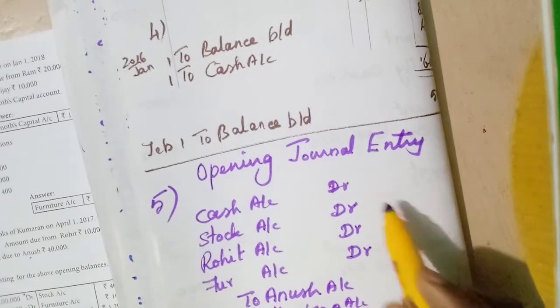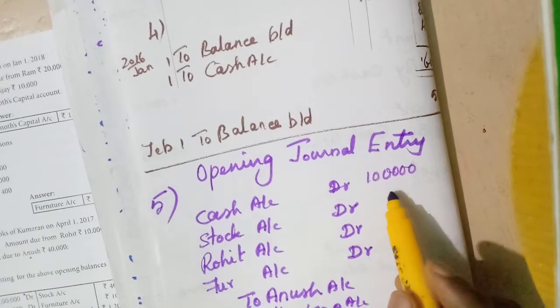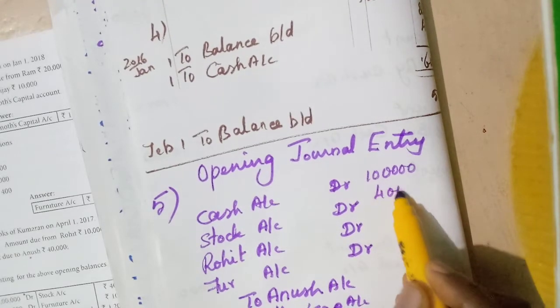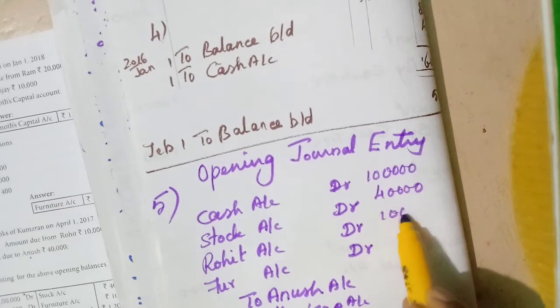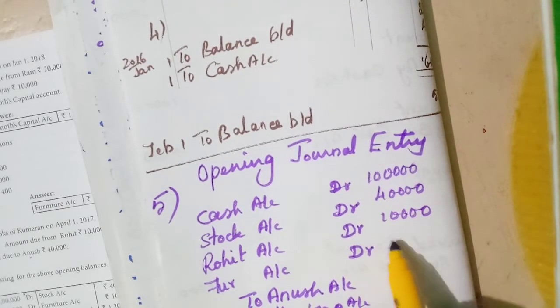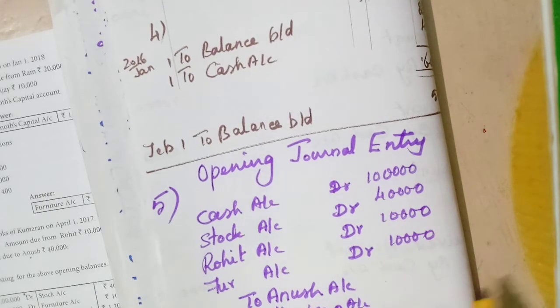Okay, the amount: cash 1 lakh, stock 40,000, Rohit 10,000, furniture 10,000, liabilities Anush 40,000.